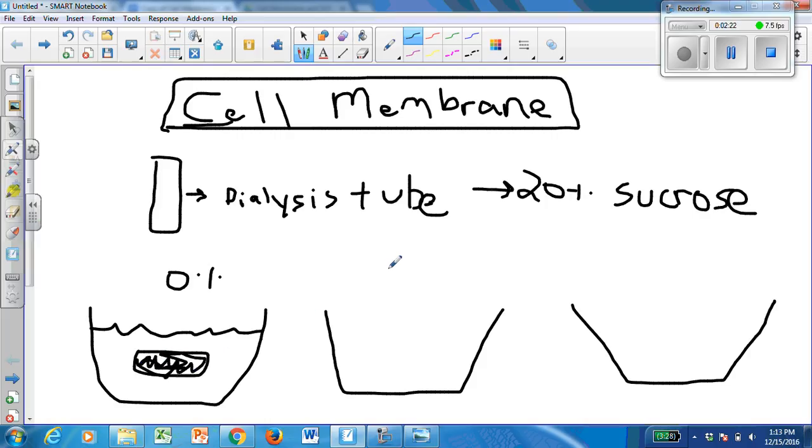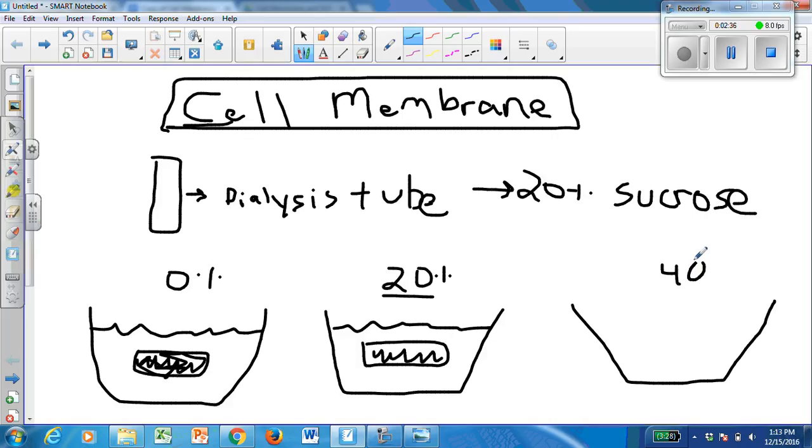Cup 2, we had a 20% sucrose solution, and we plopped that dialysis tube in, and we let it sit. In cup 3, we had a 40% sucrose solution, and we plopped another dialysis tube in there filled with 20% sucrose, and we let it sit. We let it sit for 30 minutes.